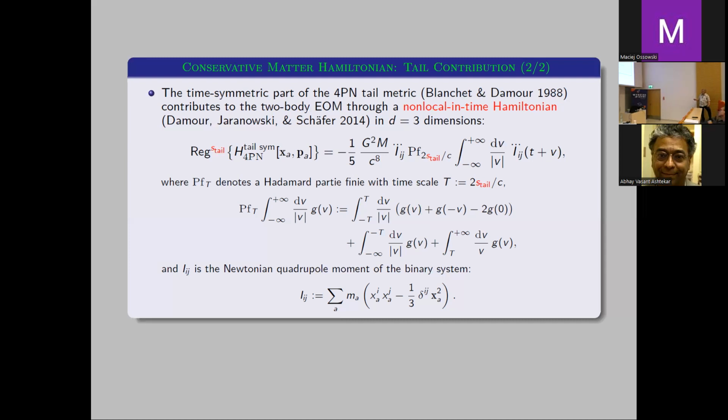We assume that g of v behaves nicely at both positive and negative infinity. And here we are doing the following thing. We are just assuming that g of v is finite at v equal to 0, which is the case. And we are just subtracting the g of 0 to give a function which is linear in v when v goes to 0. So in this way, we just cancel the 1 over v singularity here. And the result is finite.